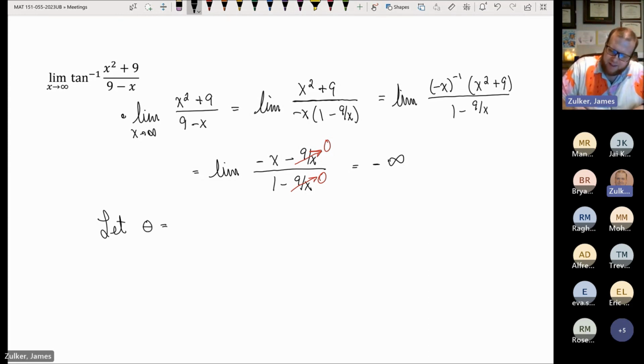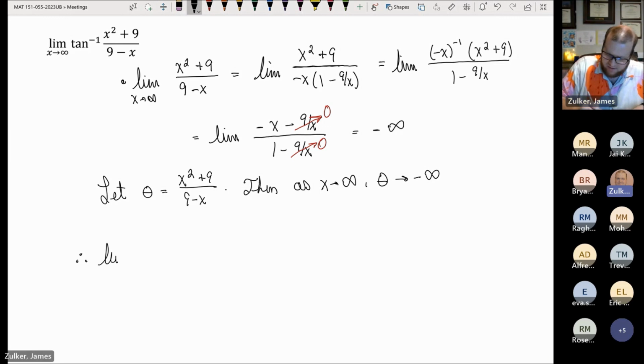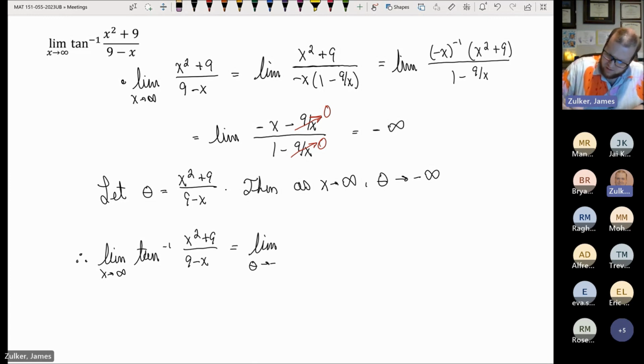So let's say that theta is x squared plus 9 over 9 minus x. As x approaches infinity, we just saw that theta approaches negative infinity. Then these two limits are the same using change of variable.